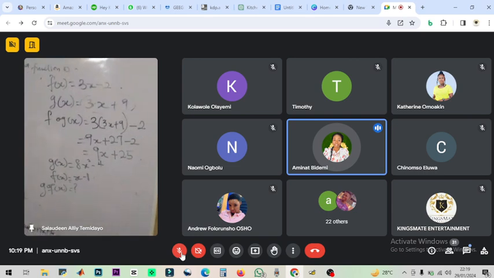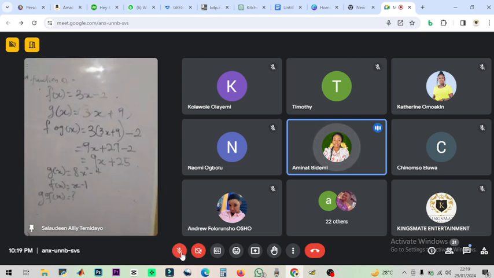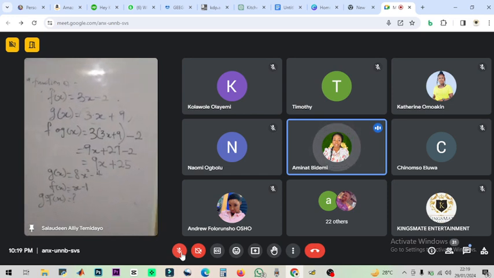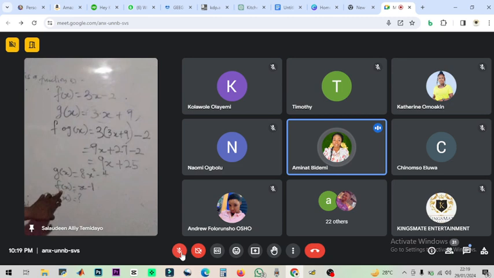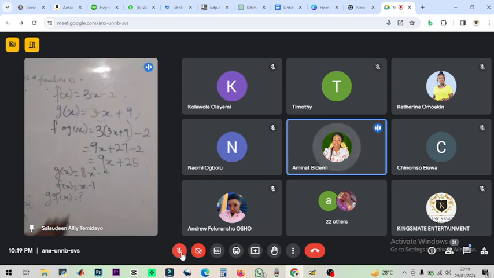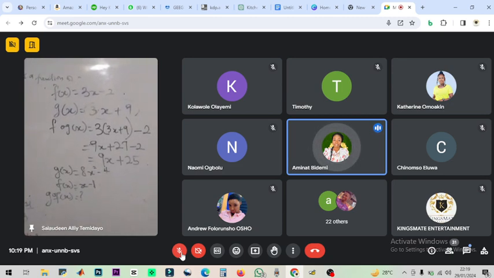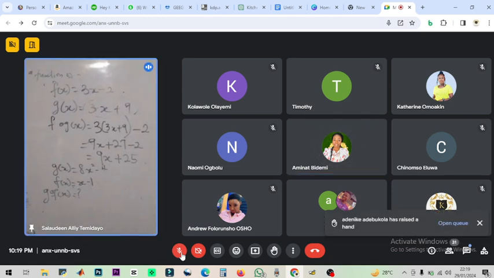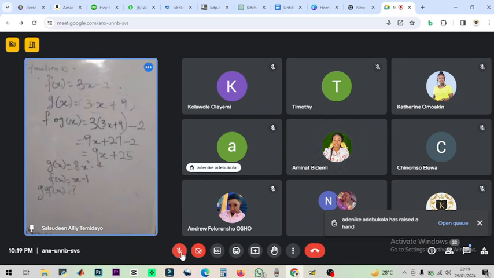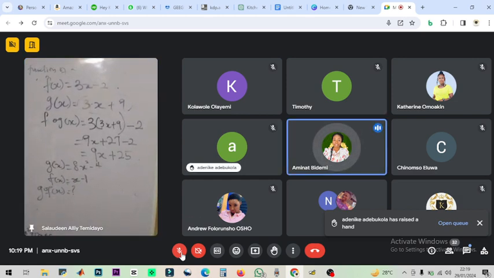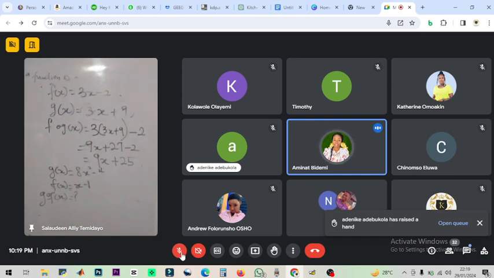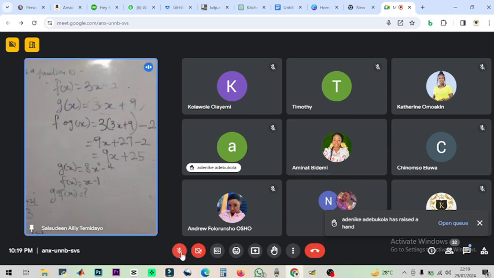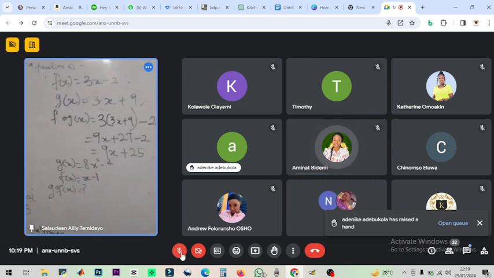The question that you gave us, since you said we are representing the x with the O and this thing, so that means what I got here is 8x minus 4. Aminat, go over it again.